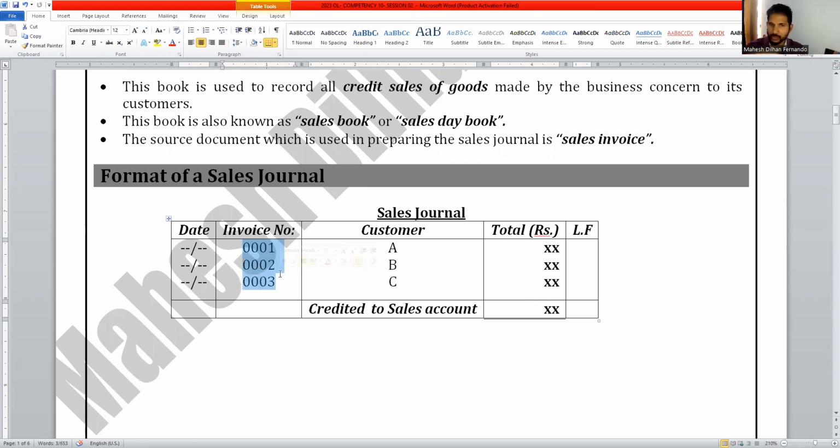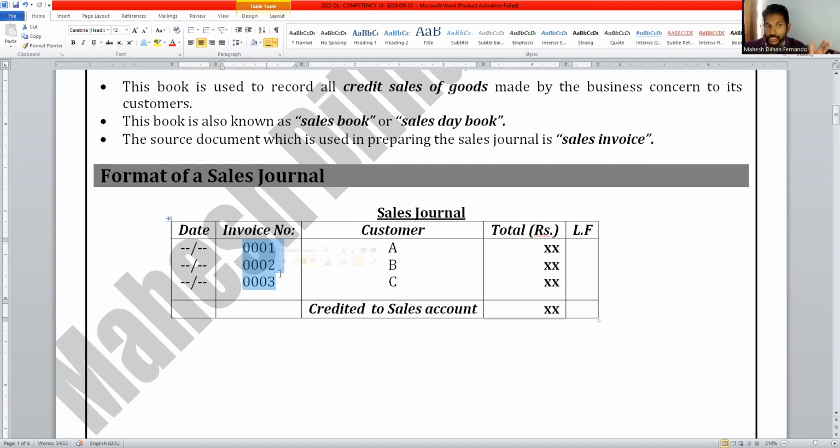Just turn to the previous week's tutorial and see there is no such order of the invoice numbers in the purchases journal. Why? Because a business is purchasing goods from different suppliers. I told you last week the invoice is always issued by the seller. Therefore, in case of credit purchases, the seller is an outside business. But in the sales journal, the seller is the business itself.